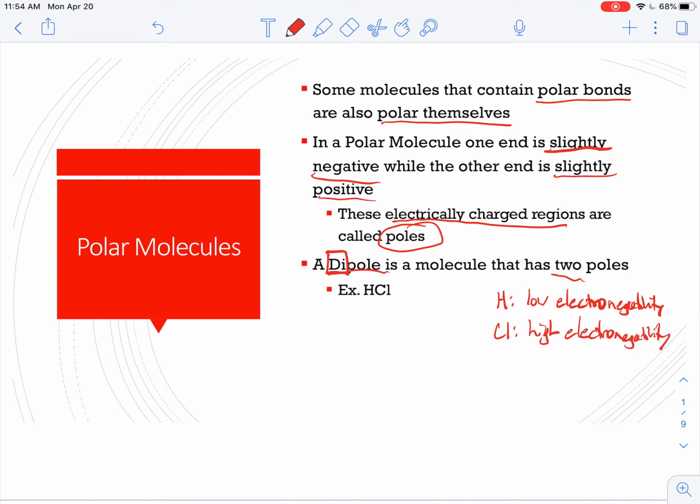Because of this difference between low and high electronegativity, there's going to be a polar bond. Because this is the only bond at play here, the entire molecule itself is also going to be polar, creating this dipole.